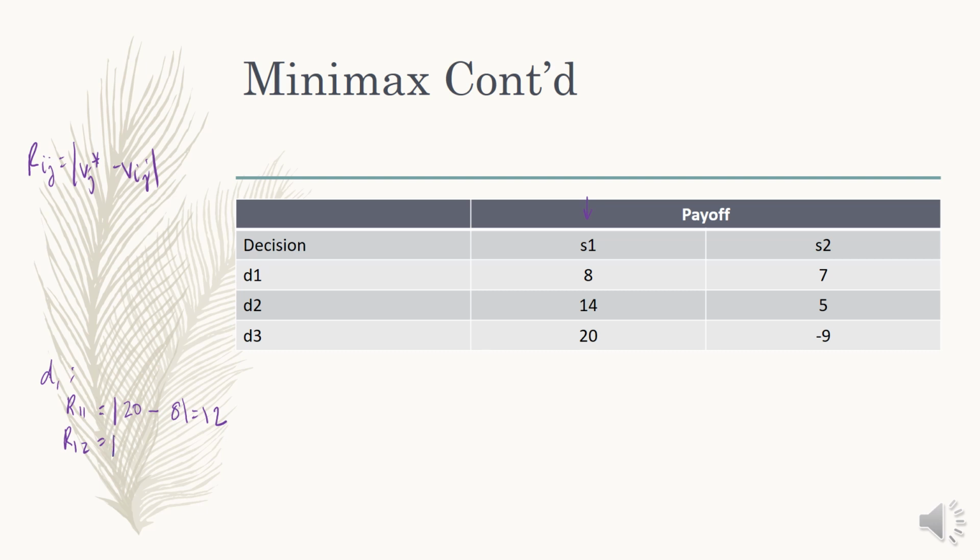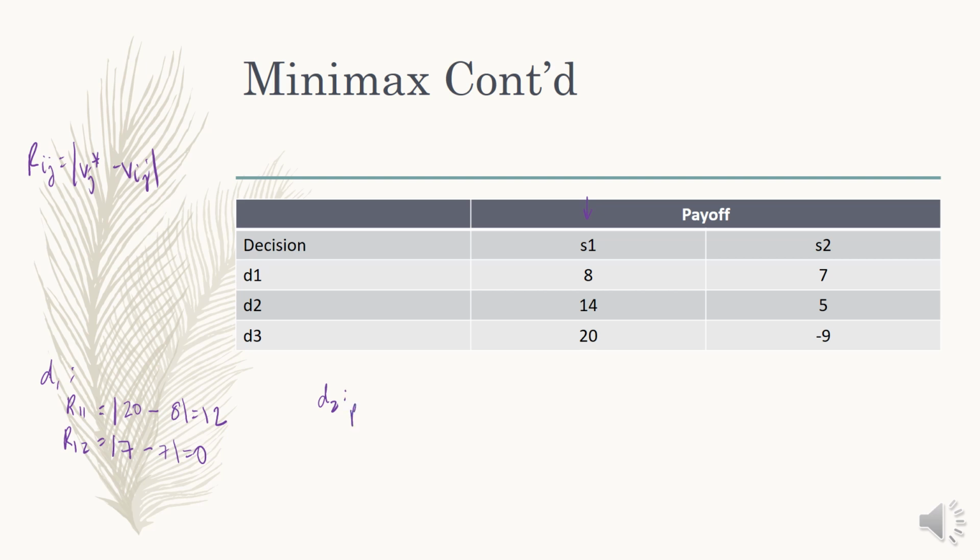Next, R12. The first part is if you're looking at S2, what is the largest profit? The largest profit was 7, minus the actual profit of choosing decision 1, state 2. Well, that would be 0.